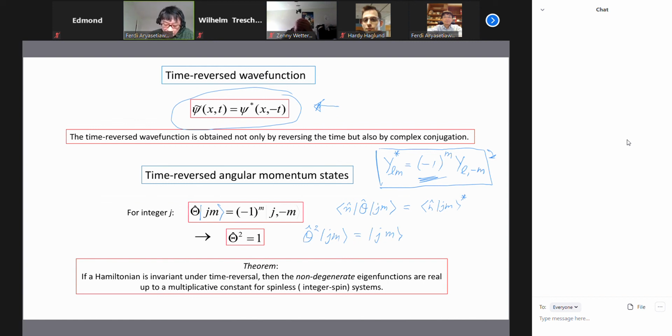So it implies that the square of the time reversal operator is equal to 1 for integer j. And we will consider a bit later the effect of time reversal on a spin-half system, which is a bit more complicated.